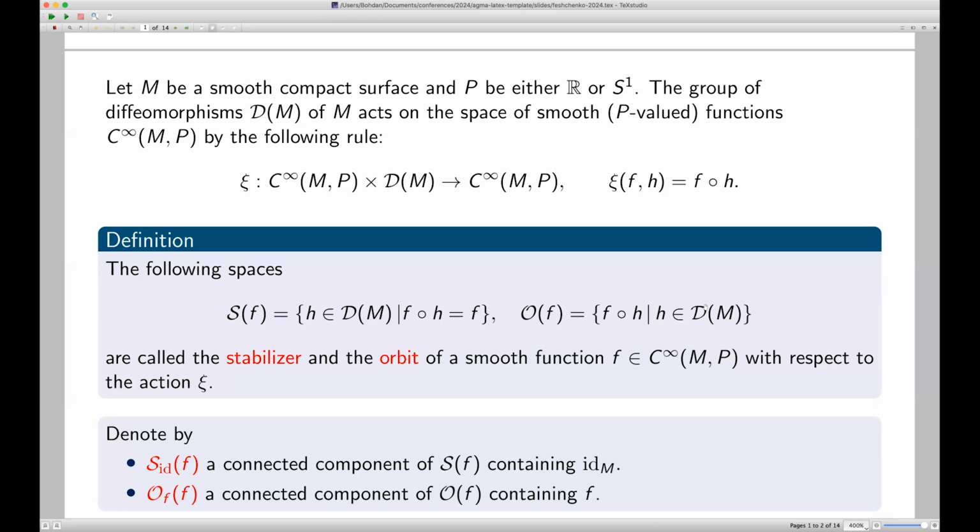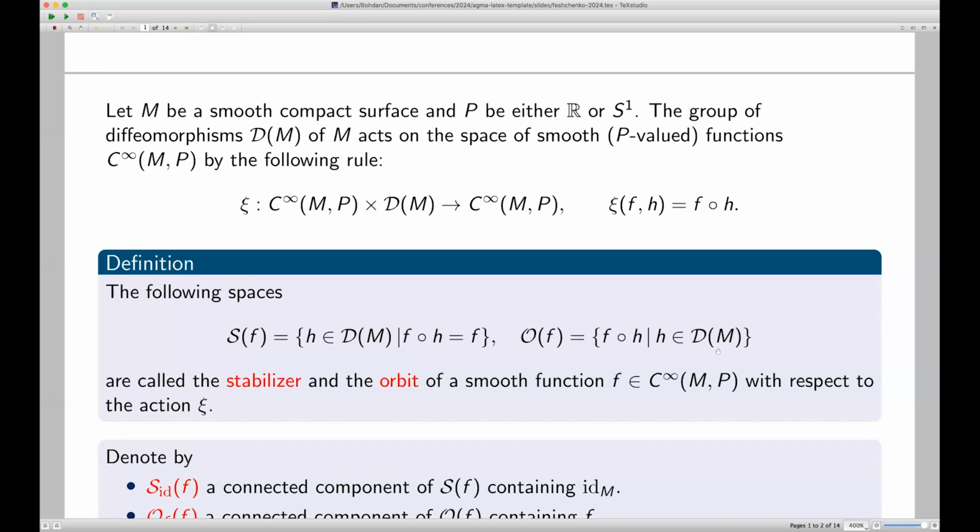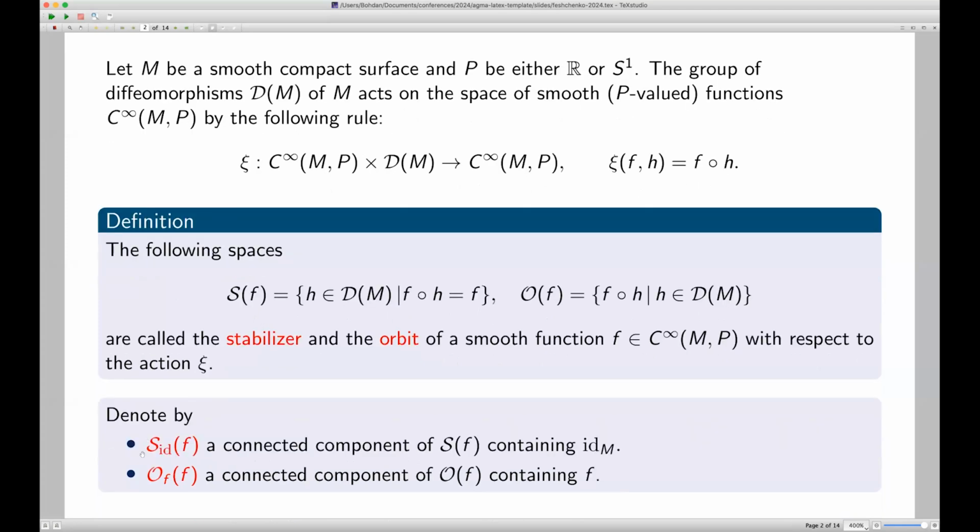And the orbit is a subspace of the space of smooth functions of this type. And by S_id(f) and O_f, we denote the connected component of the stabilizer containing the identity map and the connected component of the orbit containing the function f.